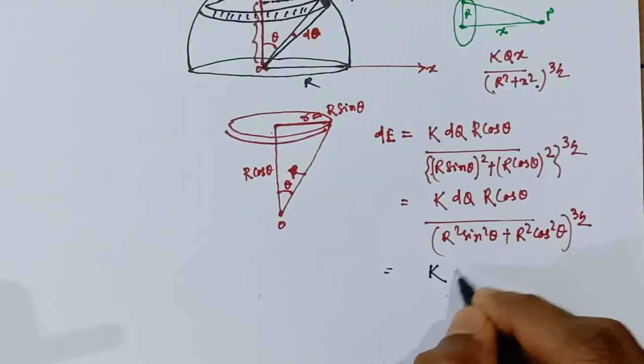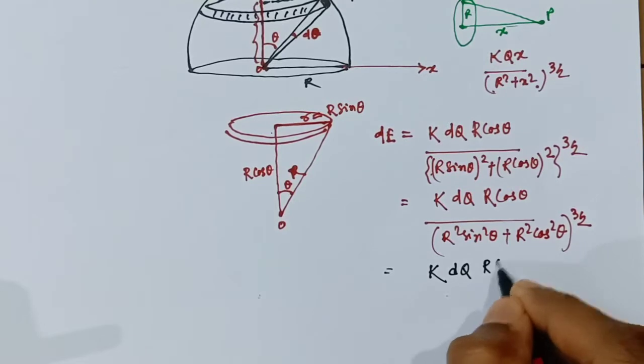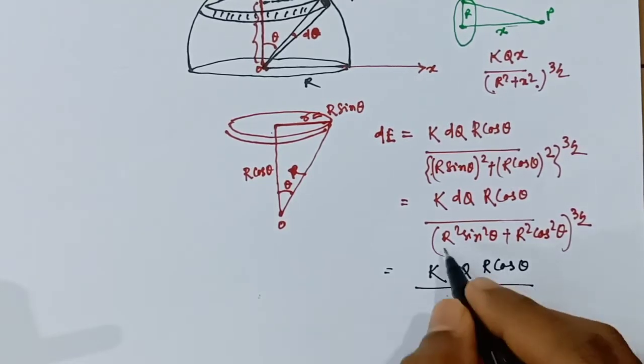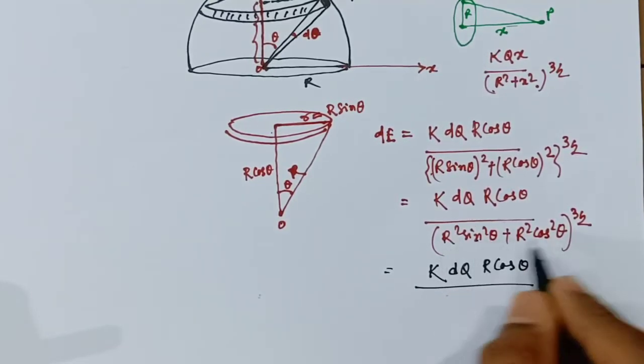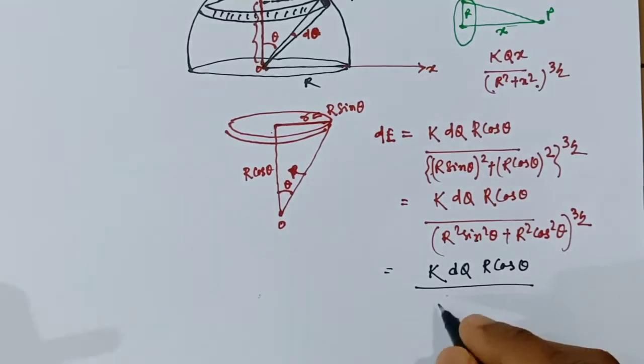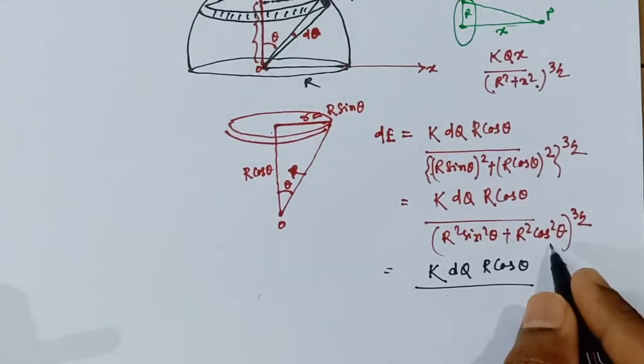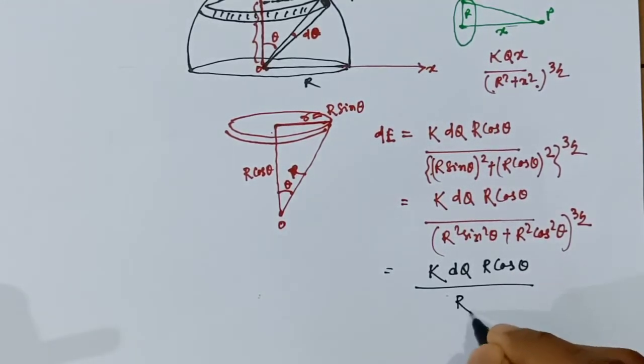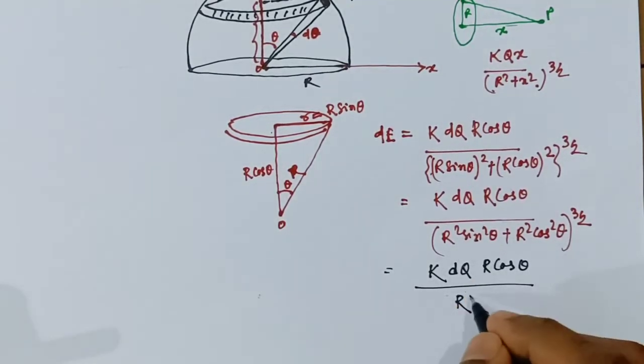So now this is k dq R cos theta upon R square common, sin square theta plus cos square theta. Simple, sin square plus cos square theta is 1. So this is (R square) whole to the power 3 by 2, so this is R cube.